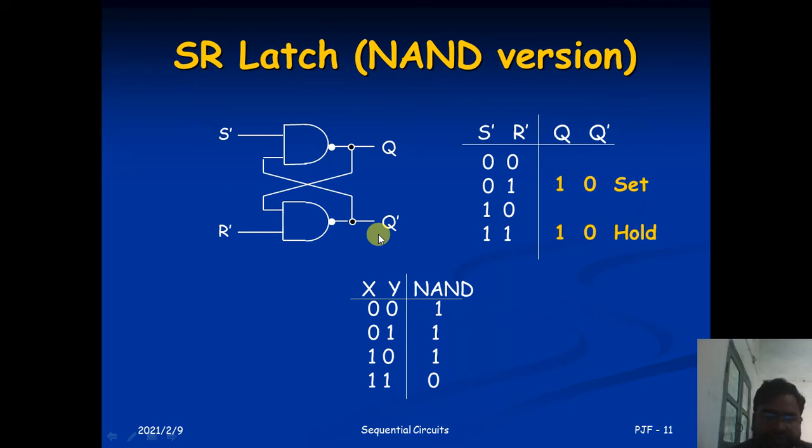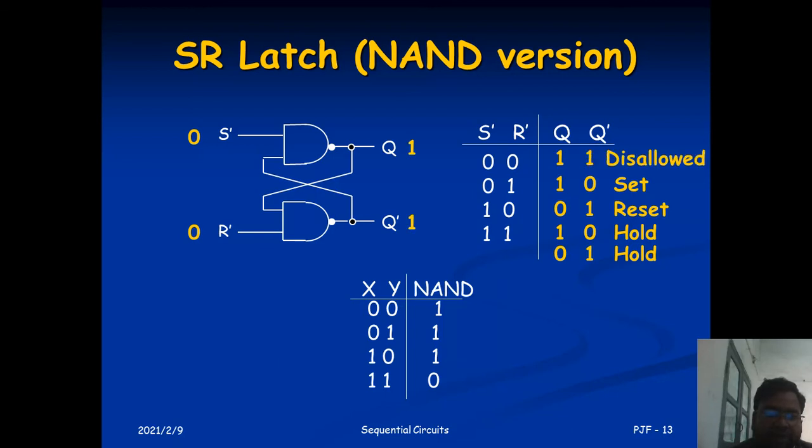Similarly, when you are having 1 and 0 for S and R, these will be the outputs accordingly. So this will give you the reset condition, and when both are 1 1, it will give you 1 and 0 on this side. So this will again be the holding position, and at the last, when both are 0 0, it will produce 1 1.